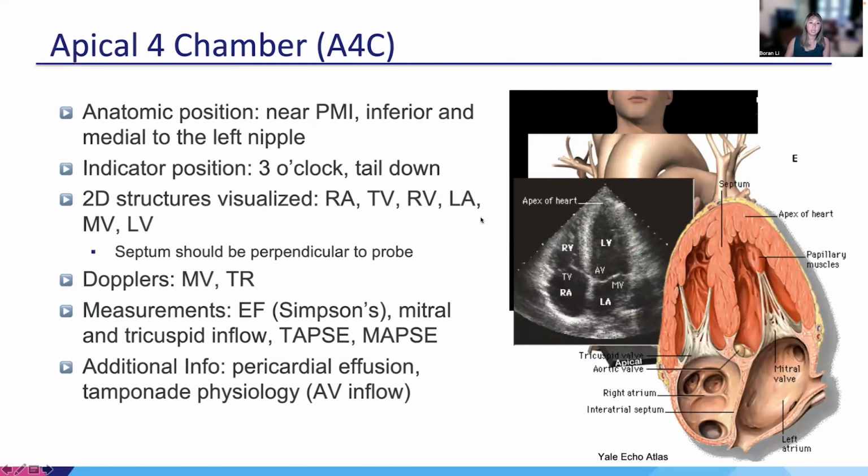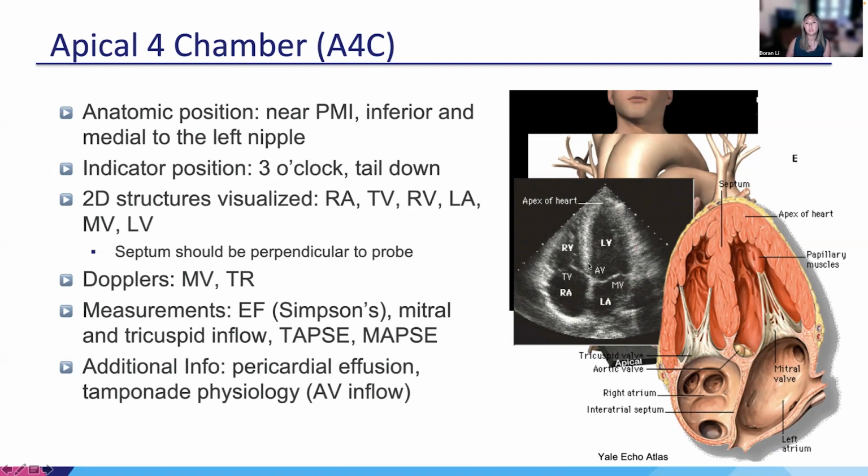The best way to optimize this image, and if you're using it for calculations like Simpson's for EF, is to have the septum pretty much be in the center of your screen. So if this is your interventricular septum, ideally it would be like here, but this is pretty good.